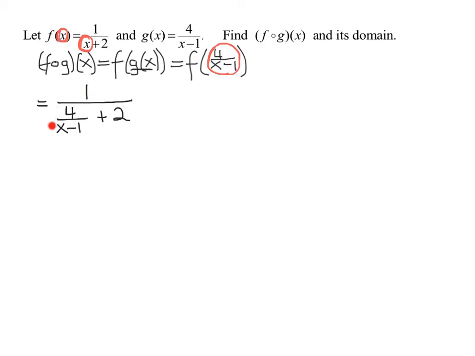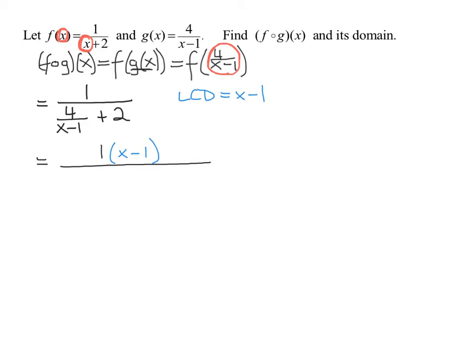So looking at this complex fraction, I'm going to have to multiply numerator and denominator by the LCD. What's the LCD of all these terms? There's only one denominator, so it's x minus 1. So my LCD is x minus 1. And now I have to multiply my numerator by x minus 1. And I also have to multiply both terms in my denominator by x minus 1.